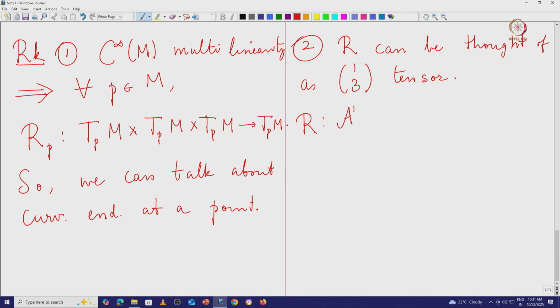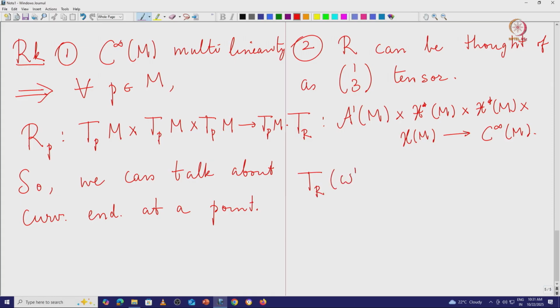Well, it takes in a one form and 3 vector fields and spits out a smooth function, right?